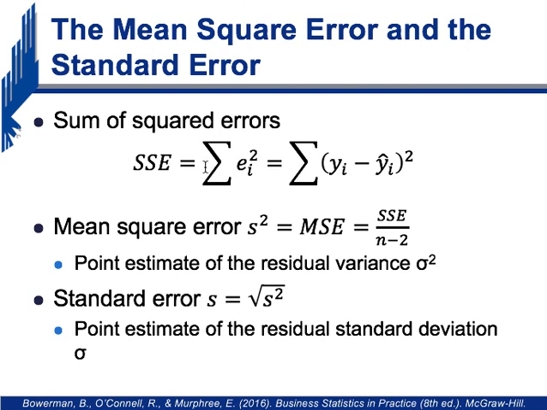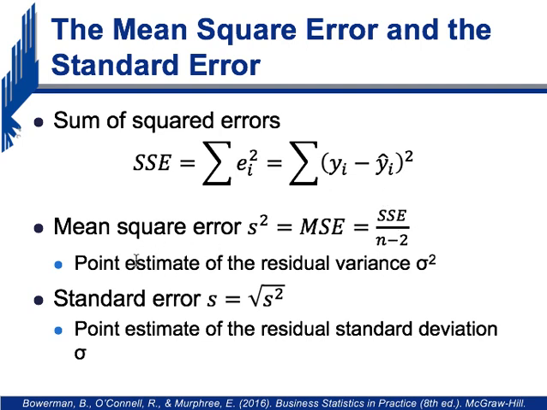That's simply the summation of the squares of the residuals, or the summation of the square of the difference between each value of y, the observed value of y, and the predicted value of y. Now, the mean square error, denoted by s squared, or MSE, is equal to SSE over n minus 2.